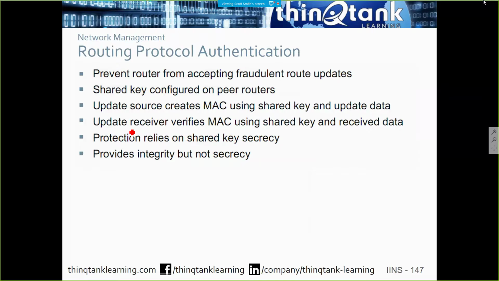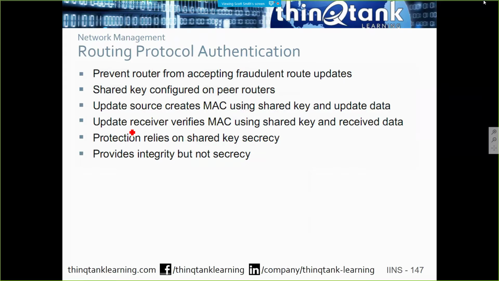What types of routing protocol messages get authenticated? Right? EIGRP has 5 message types: hello, update, query, reply, and acknowledgement. OSPF has 5 message types, right? OSPF DBD, database descriptor packet, hello packet, link state update, link state acknowledgement, link state request.